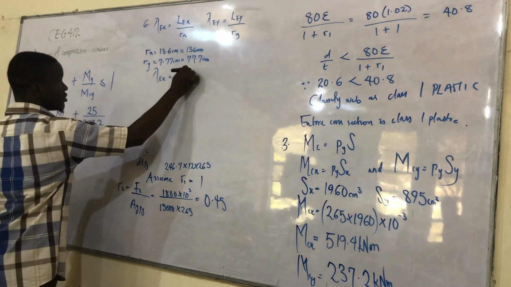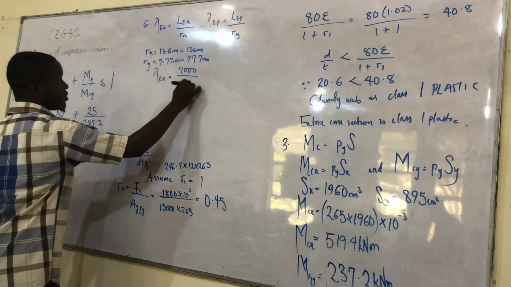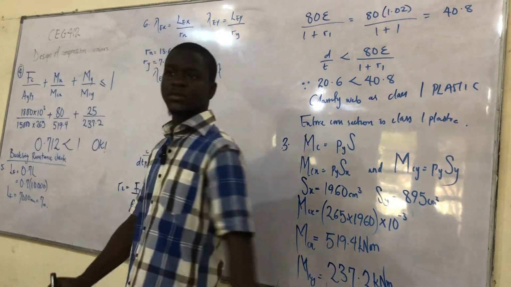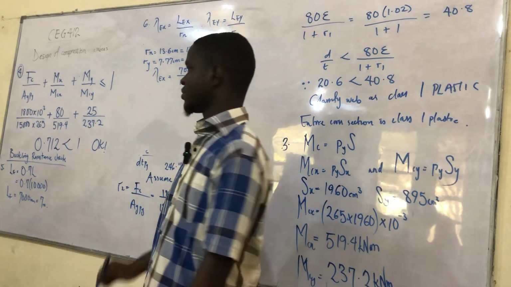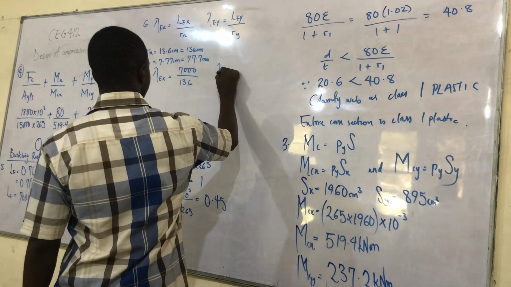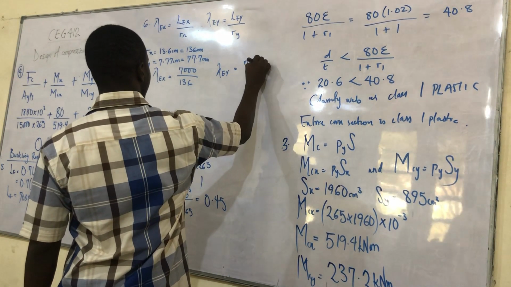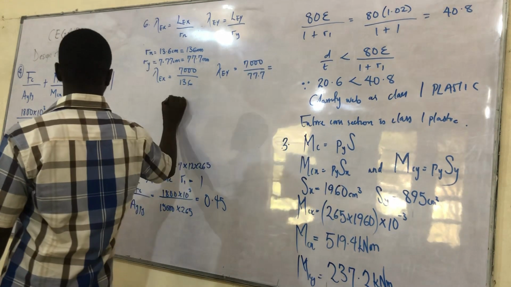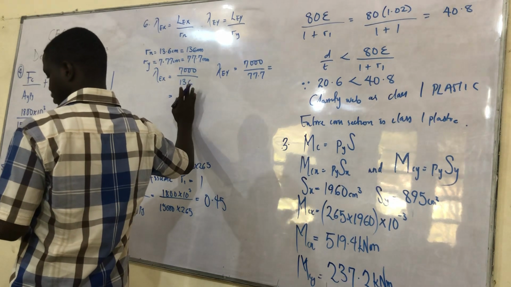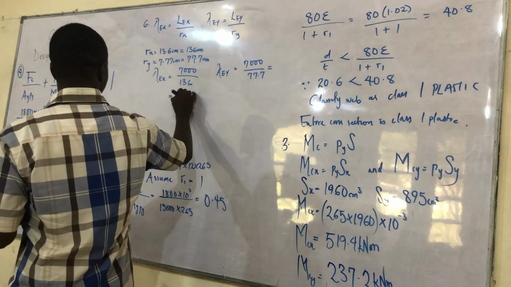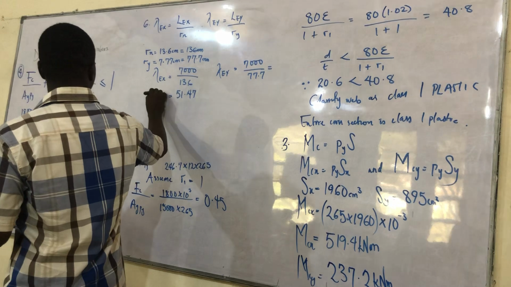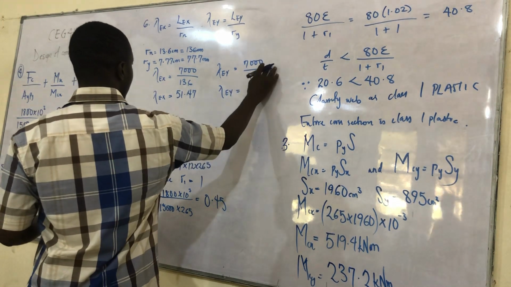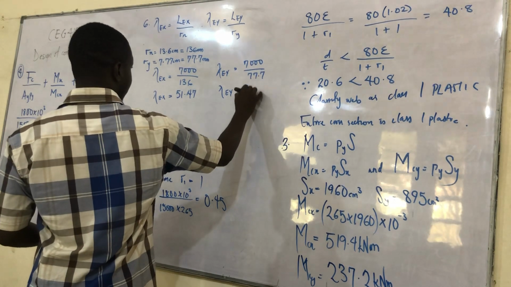That will be 7,000 over 13.6. Are you with me? So what would this one give us? 51 point what? 90.09.